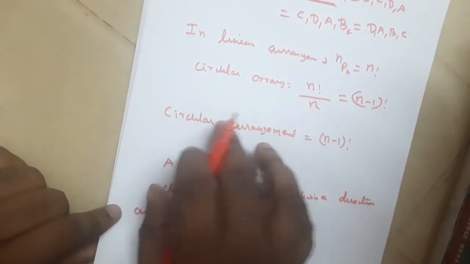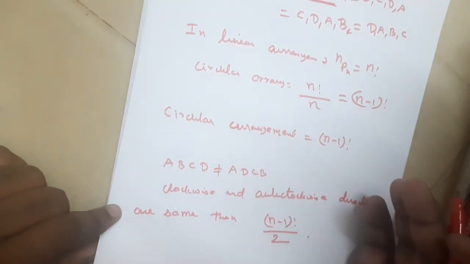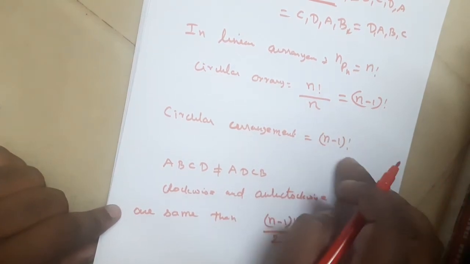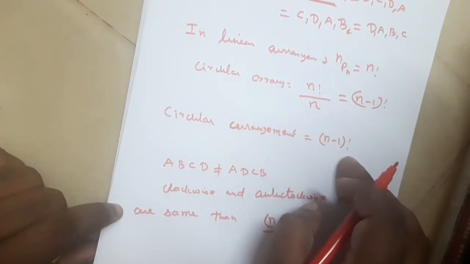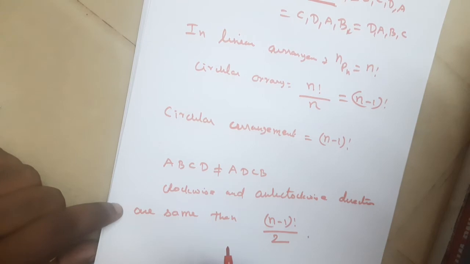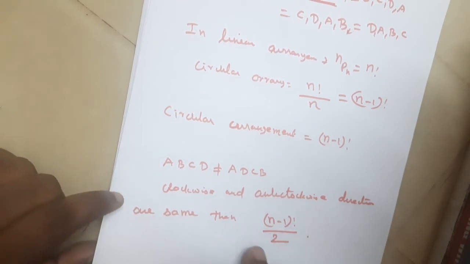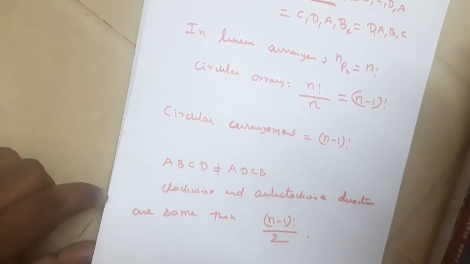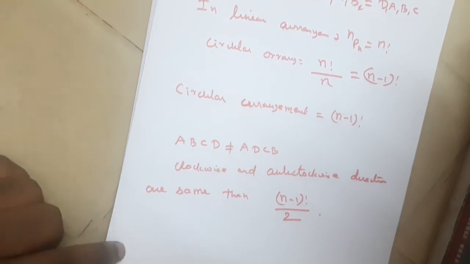So if both directions are different, the formula is n minus 1 factorial in circular arrangement. Suppose in circular arrangement both directions are the same, the formula is n minus 1 factorial by 2.